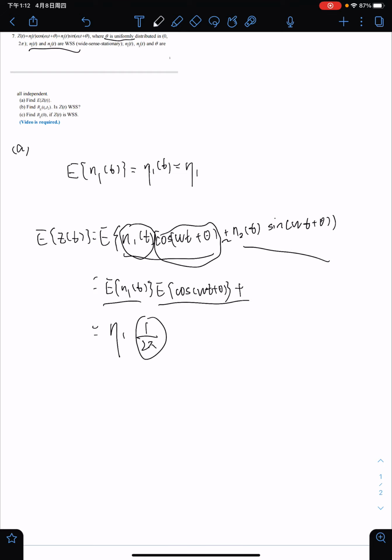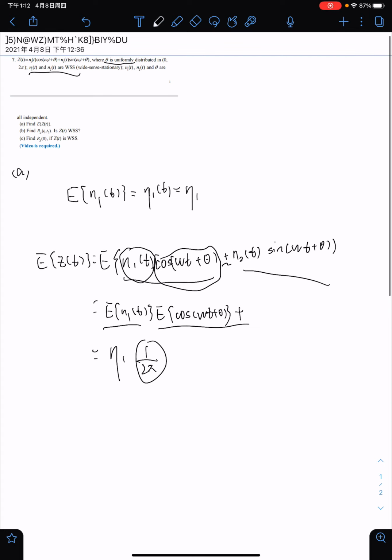This is the density function of theta. We can say theta is uniformly distributed in 0 to 2 pi.